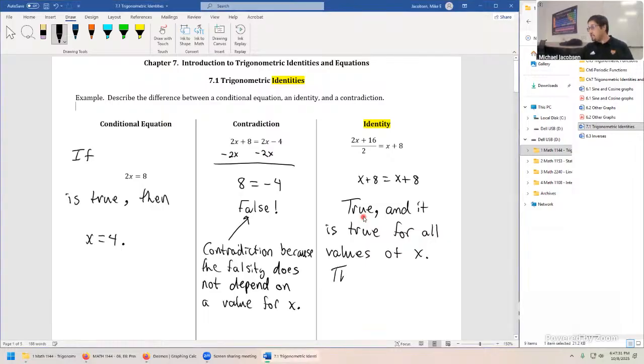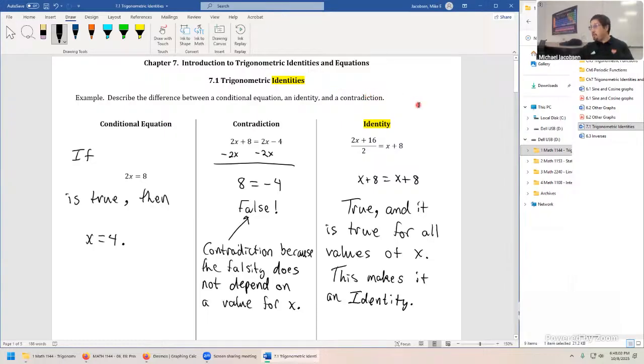So this makes it an identity. So the paraphrase here is contradictions are statements that are always false. Identities are statements that are always true. And conditional equations, we'll look into those at the end part of chapter 7, are things that depend on x. It's either true or false.